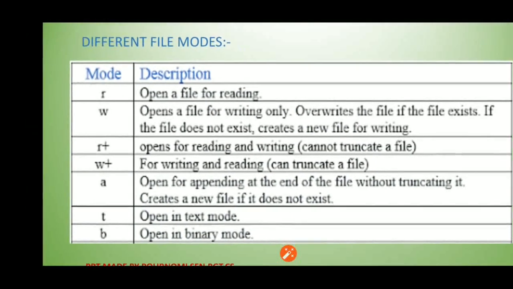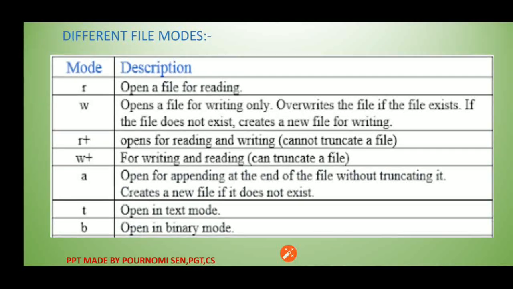Different file modes are there. R, everything you have to give in quotes. R is to open a file for reading. If you use R mode, your file will be opened for reading, and as you are opening it for reading, definitely its old content will be there.